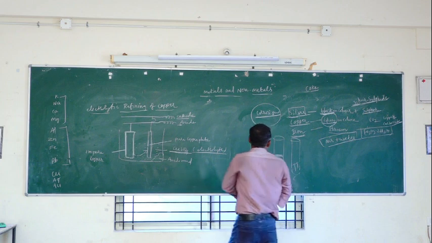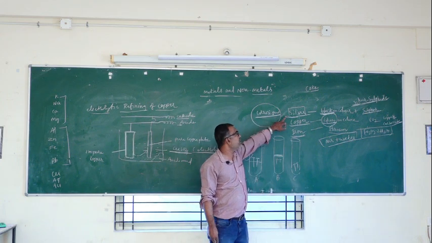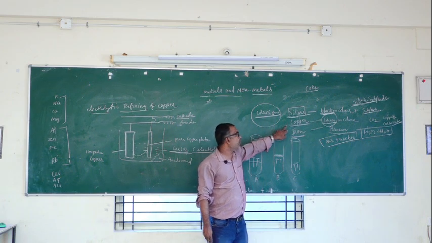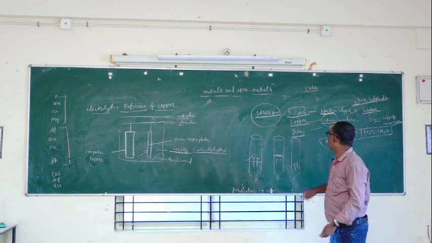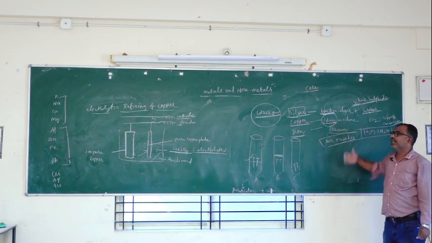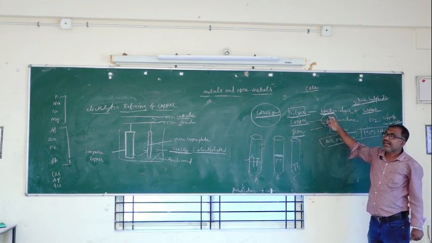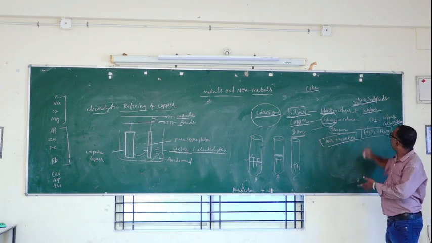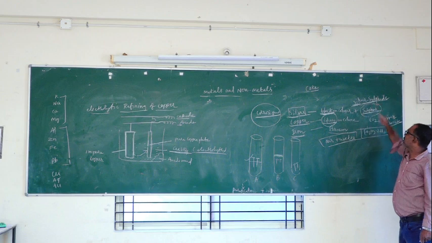So these are 3 give reasons you are definitely going to get in the examination. Why silver becomes black in color, why copper becomes green, and why iron becomes a flaky brown. Silver reacts with the air, especially with sulfur, and forms silver sulfide.